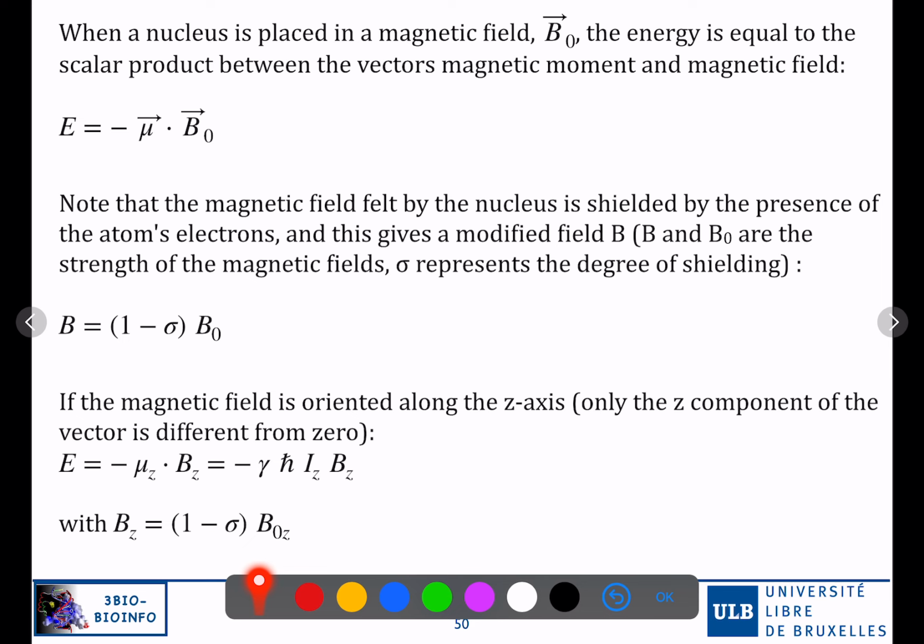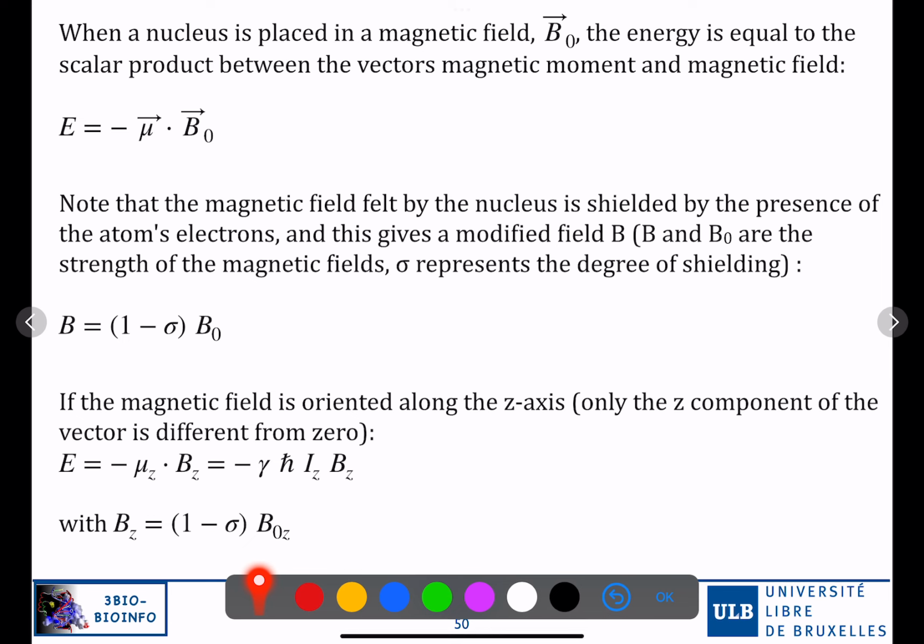So finally the energy is just equal to minus the z component of the magnetic moment times the z component of the magnetic field felt by the nucleus. And so here you have just two scalars, no more vectors.